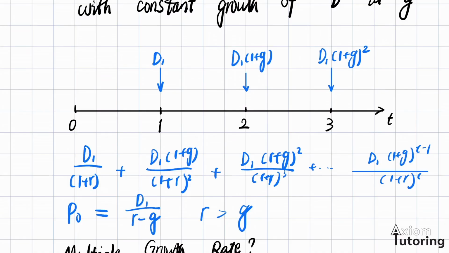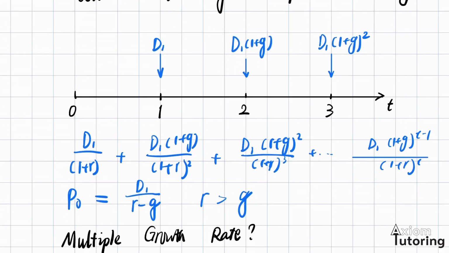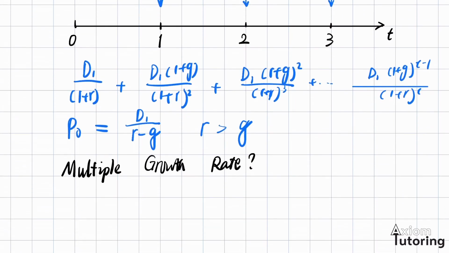But is it always the case that we have a required return on stock that is greater than the growth rate? It is not. We could allow for the scenario of multiple growth rates. It's very plausible for a company to have multiple growth rates.